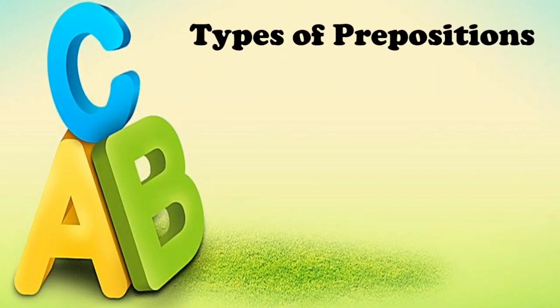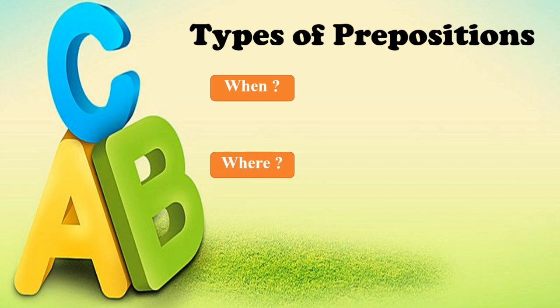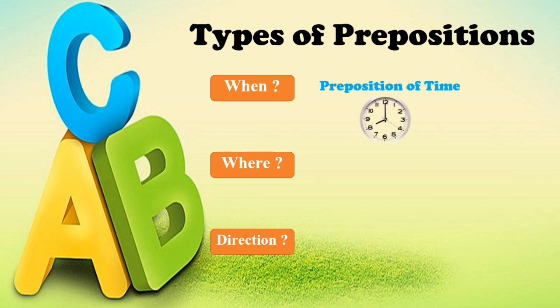So what are the types of prepositions? There are three types of prepositions. One is when it is happening, then where it is happening, then you can ask direction, or you can say movement. As per the time, it is called preposition of time.